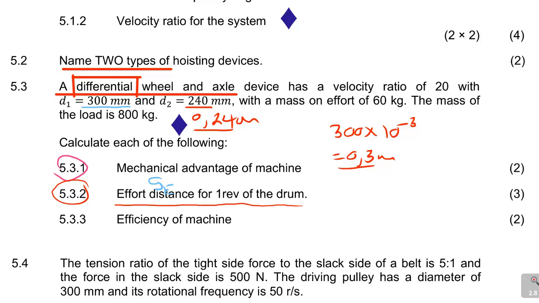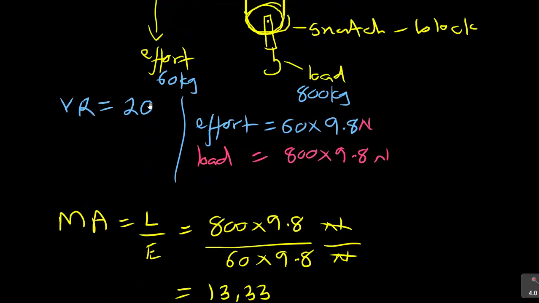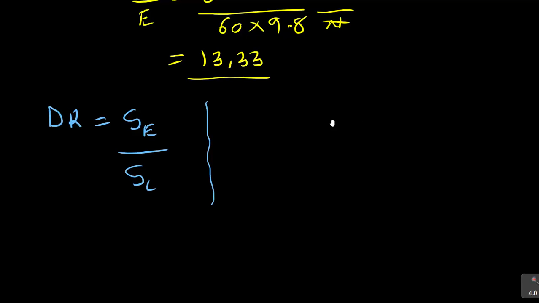So if we want to find that SE, what they gave us, remember they said the velocity ratio was equal to 20. So that's very crucial information. They did give us VR as 20. I did capture it there. So what we have is the VR there, your velocity ratio.